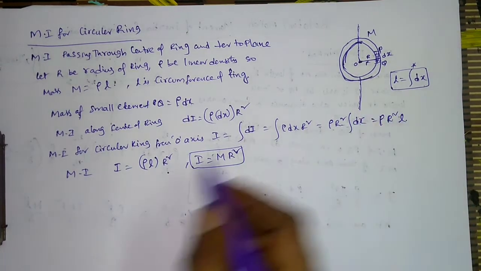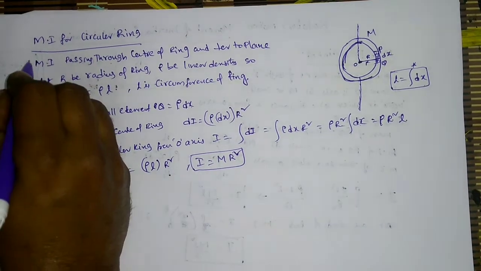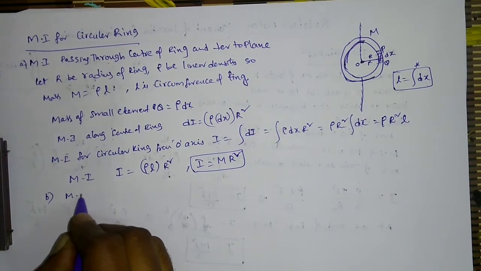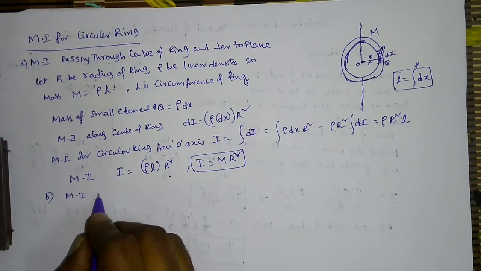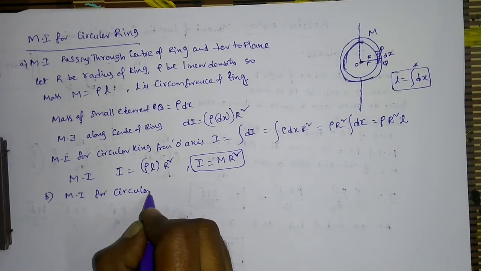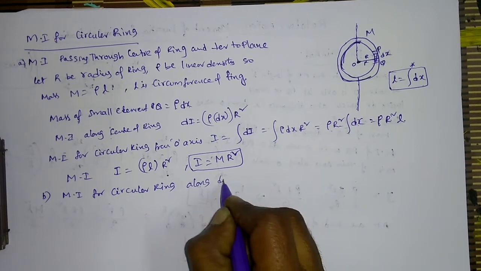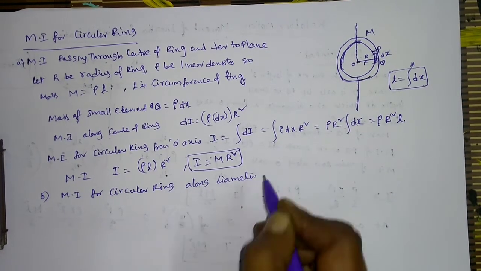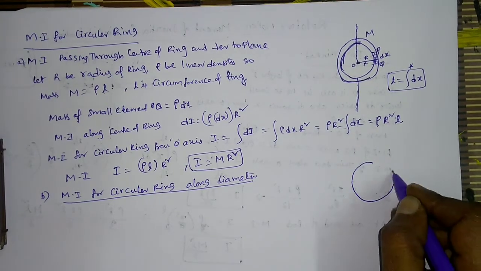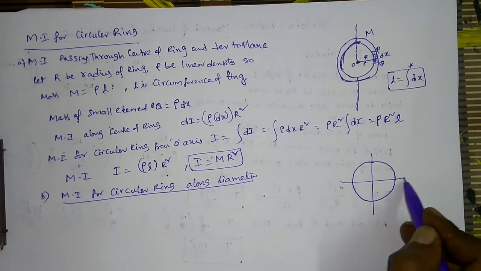Now, if you assume points A and B along the diameter, the moment of inertia for a circular ring along a diameter. That means here this is the ring. Diameter means here is a diameter, this is also a diameter.